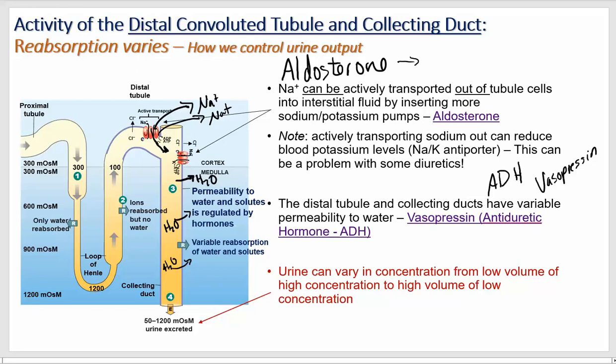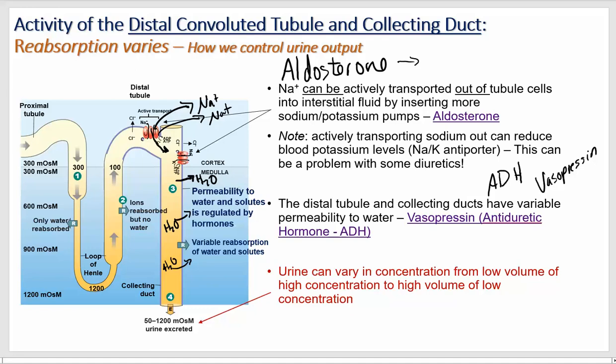So vasopressin is released. Something else we talked about before, I don't know if anybody remembers, is that we're measuring the osmolarity of the blood. That happens in the hypothalamus, and it's directed from the hypothalamus to the pituitary. If the blood is more dilute and blood volume is higher, then we won't insert ADH.